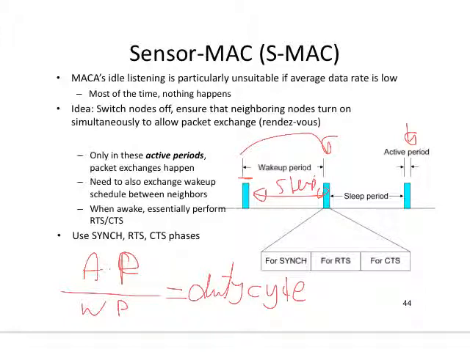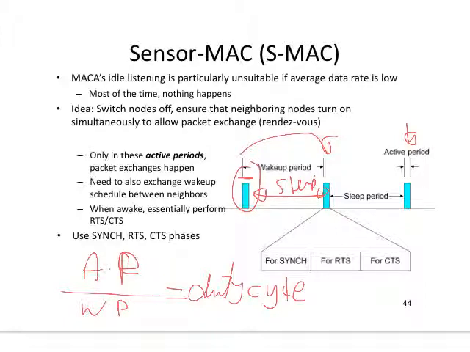So for example, if the traffic load on the network is very, very low, many nodes will wake up, will stay active for some time, which is this time here, and not receive anything, but they have to keep themselves awake. Okay?